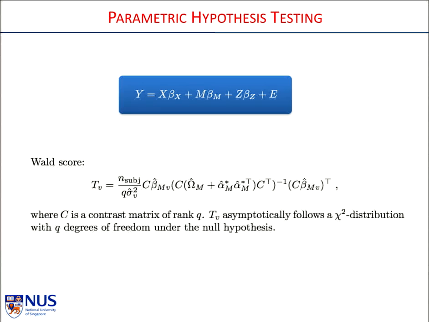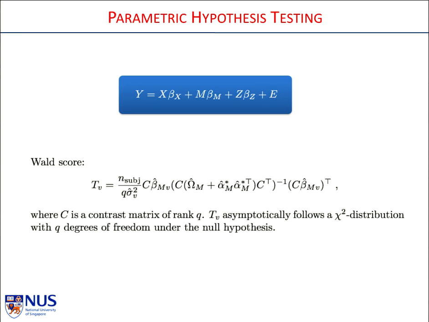And T_v down here has a distribution associated with it, which approximately follows a chi-square distribution with a certain degrees of freedom. So it's a wise approach to do statistical testing based on this statistical model.